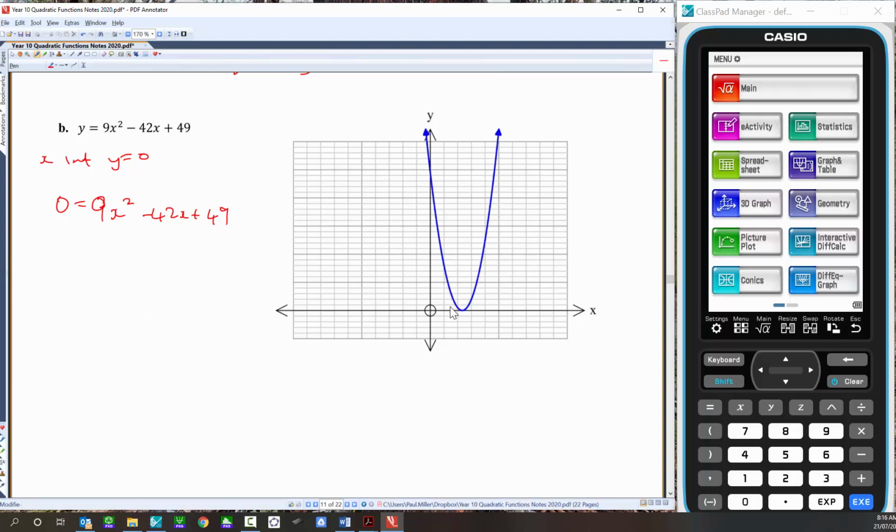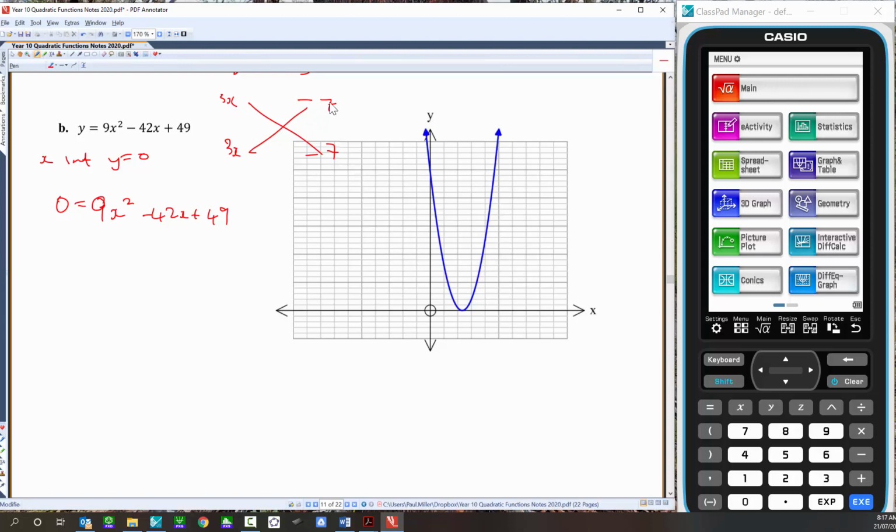Now I know something that's going to happen where this is the case: I'm going to get a perfect square when I factorize this, because I know that will produce only one solution. Let's just see what happens when I use the cross to factorize. I'm going to go 7, 7, 3x, 3x, and this one is going to be negative and this one's going to be negative.